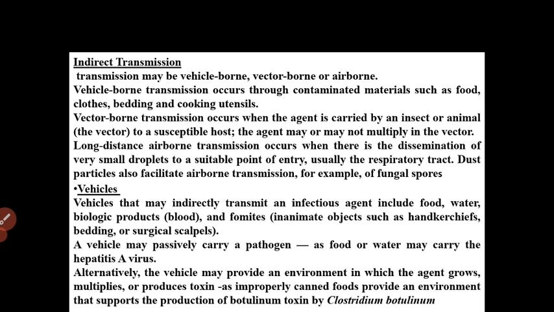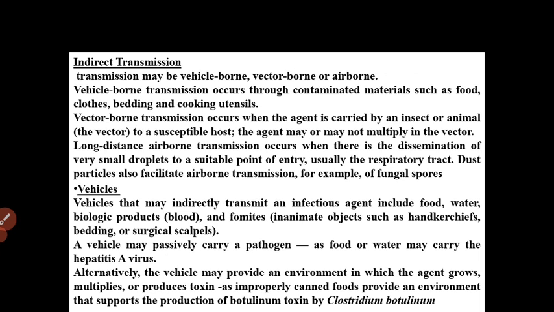Okay. Dust particles also facilitate airborne transmission. For example, fungal spores. See, some people are allergic to fungal spores. Now you're getting what exactly transmission is. Okay. The modes are easy. You can understand.